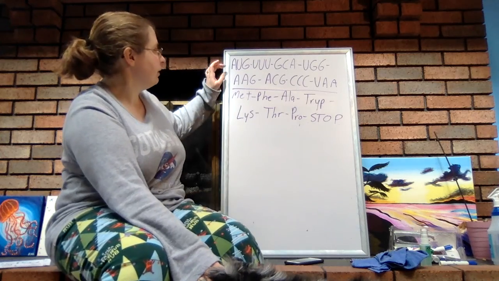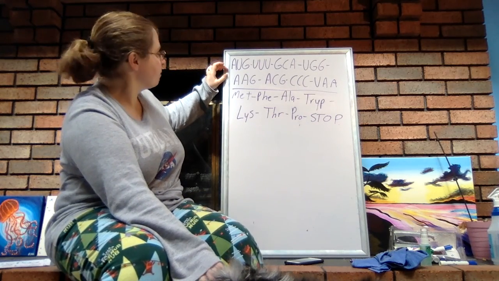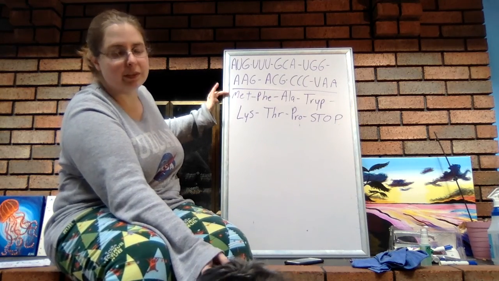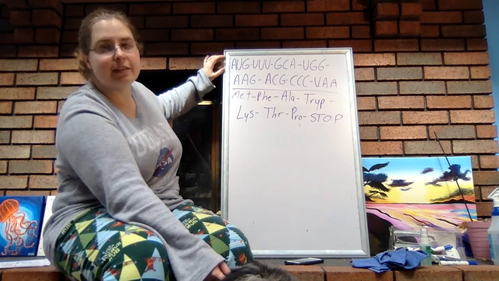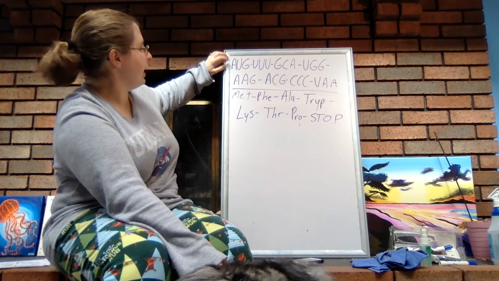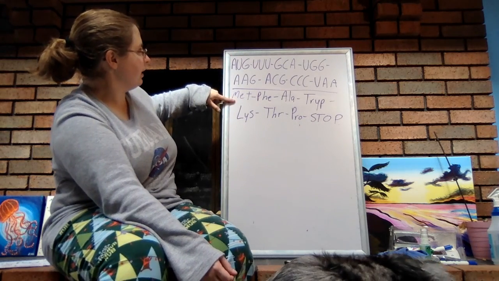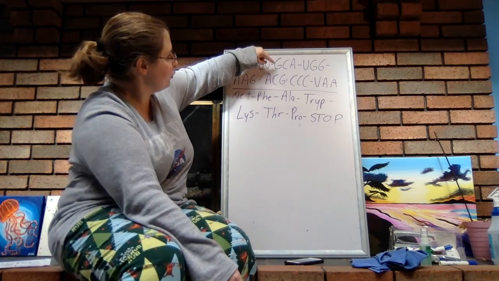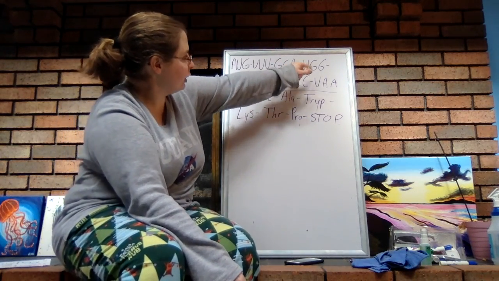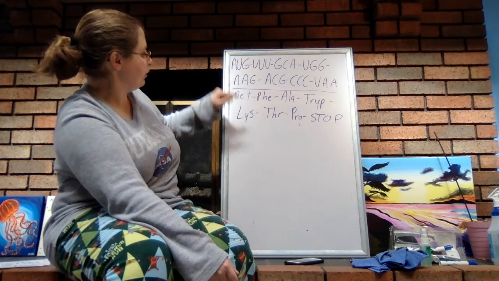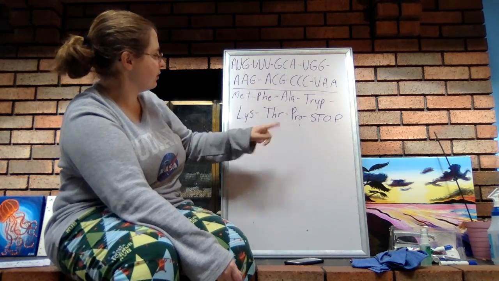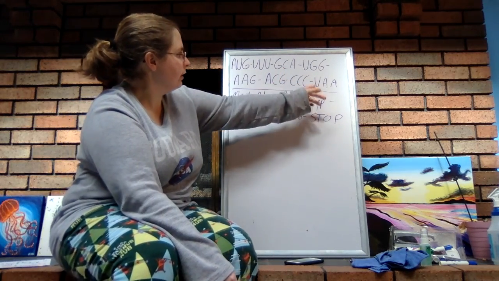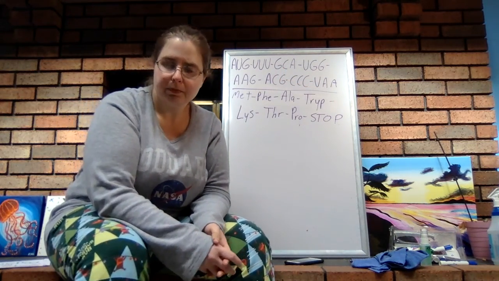So here I have an mRNA sequence. We have the protein sequence, the amino acids. So again, this is mRNA. AUG, methionine; UUU, phenylalanine; GCA, alanine; UGG, tryptophan; AAG, lysine; ACG, threonine; CCC, proline; UAA, stop.